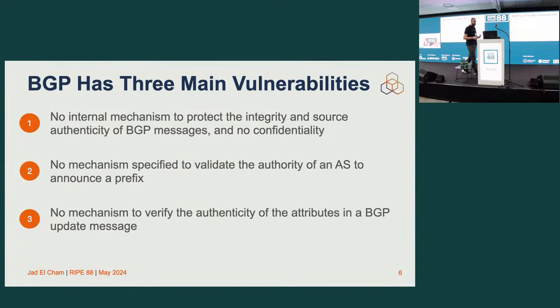So if we need to identify the three vectors of vulnerability, the first one would be that there's an absence of internal mechanisms to protect the exchange of the information. And when we say that, it means the integrity of the packets. So the packet that I'm receiving from my peer hasn't been tampered with.